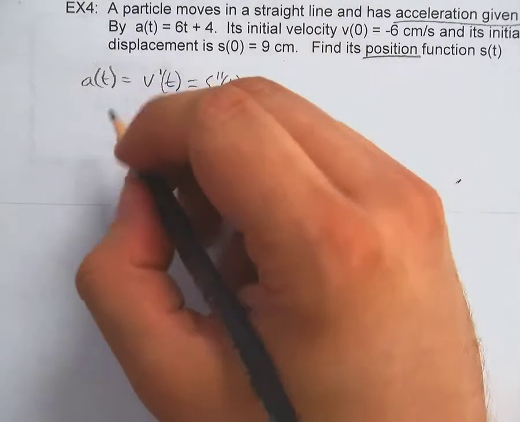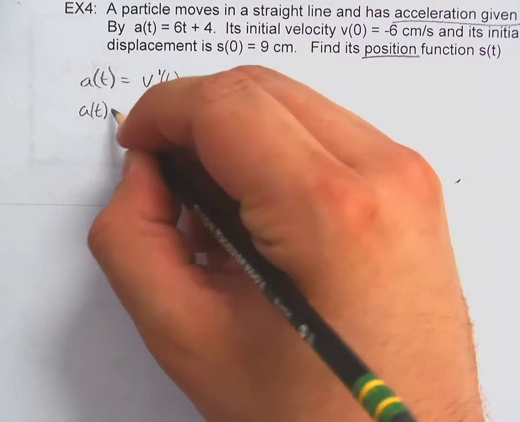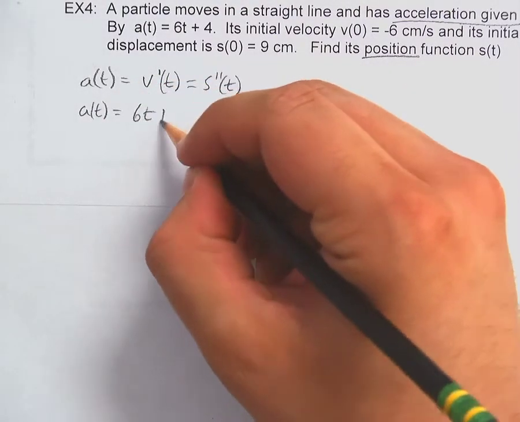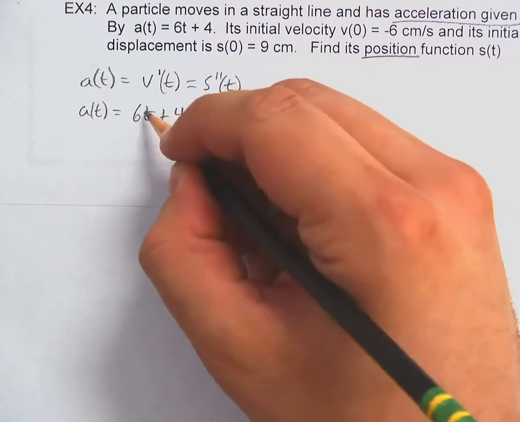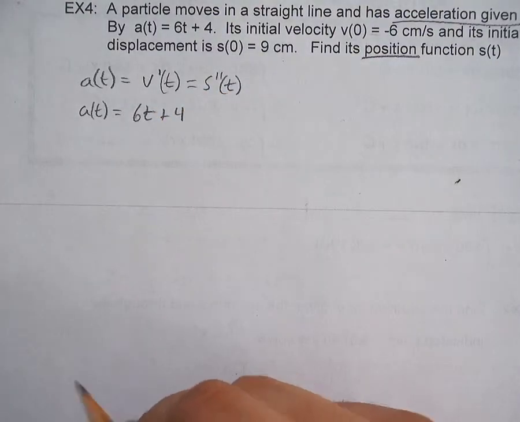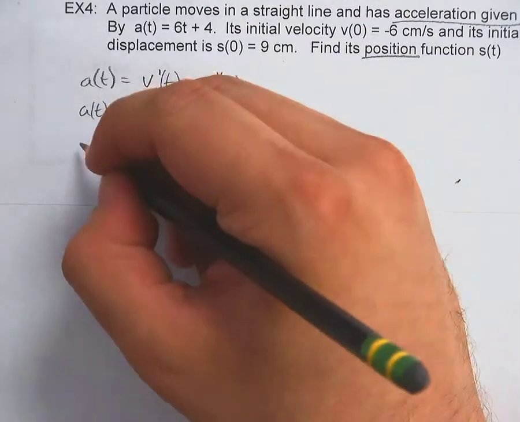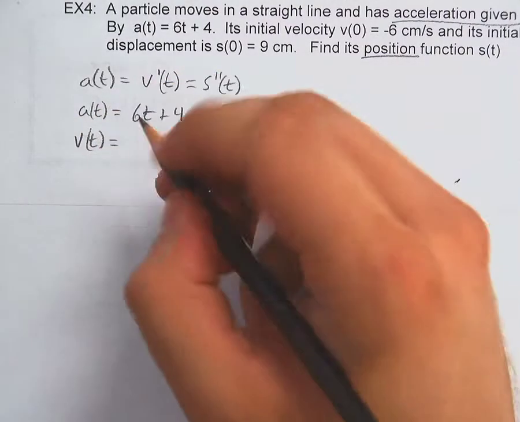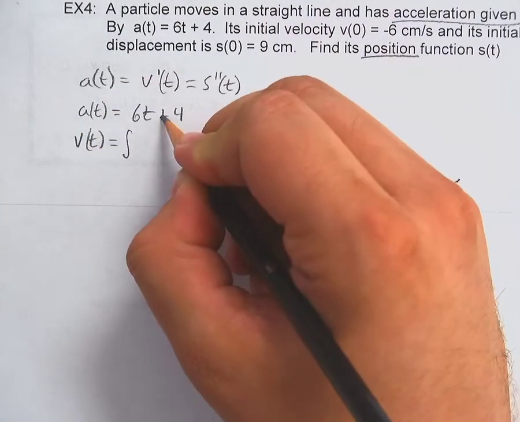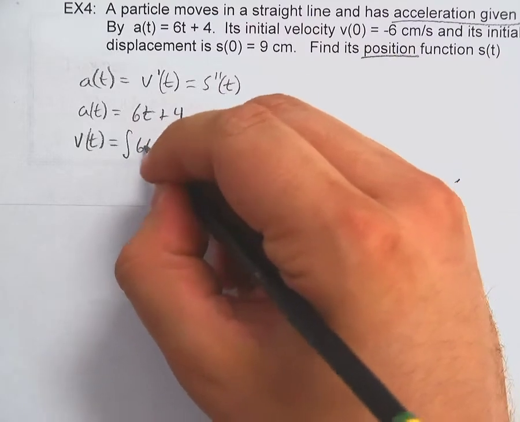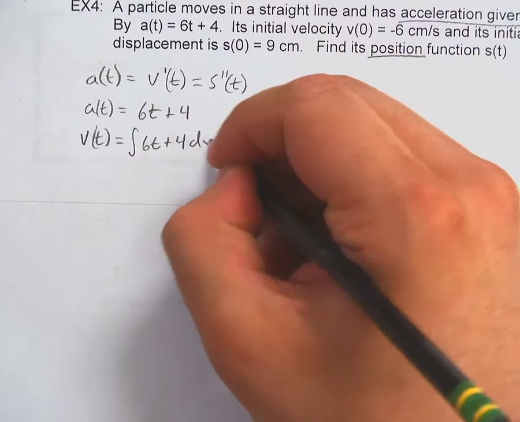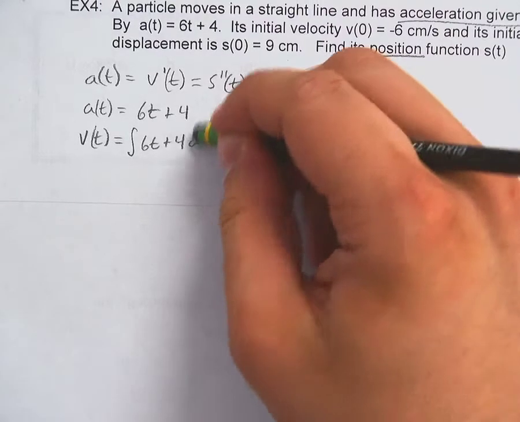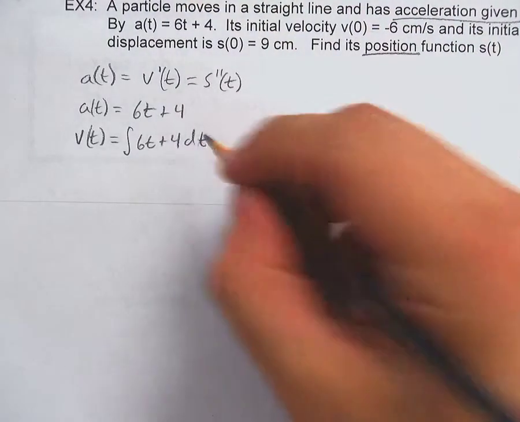So if I start with acceleration is 6t plus 4, then my velocity, v of t, is going to be the integral of this, dt.